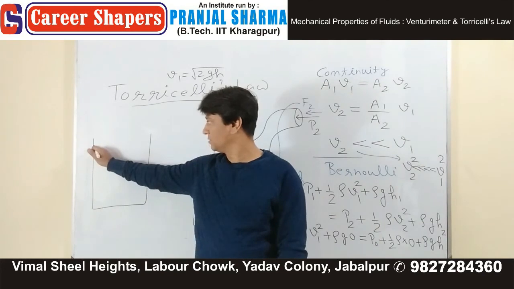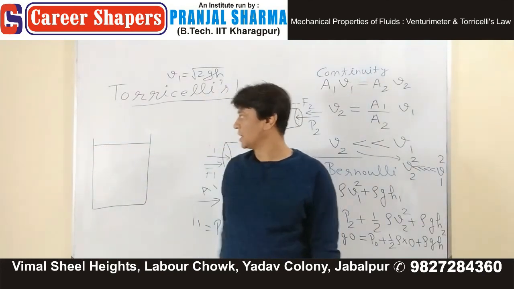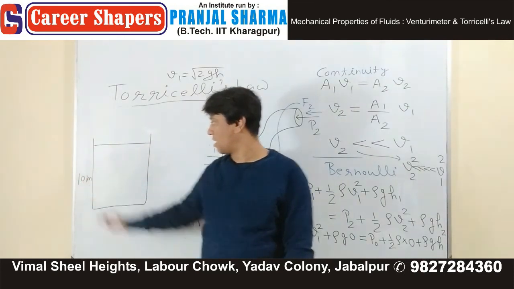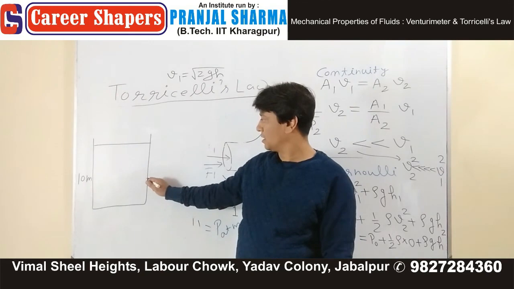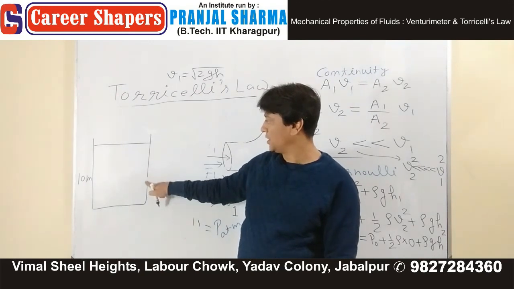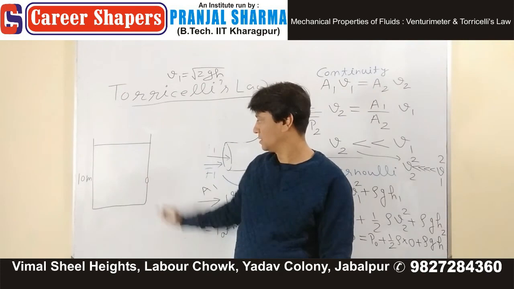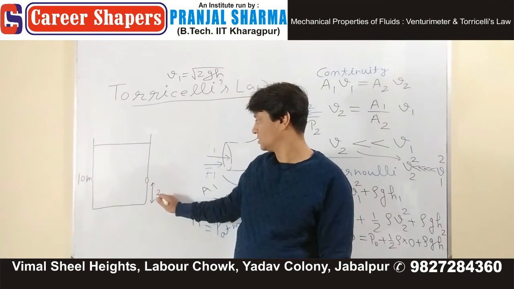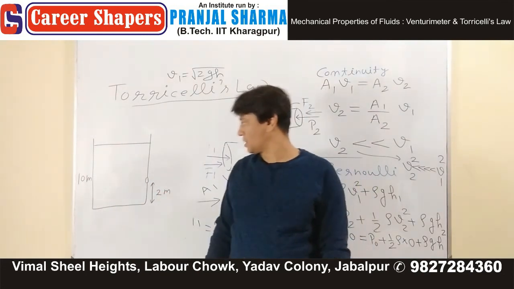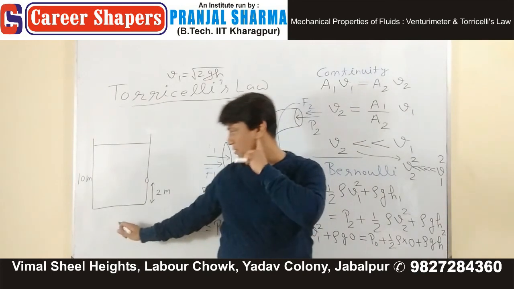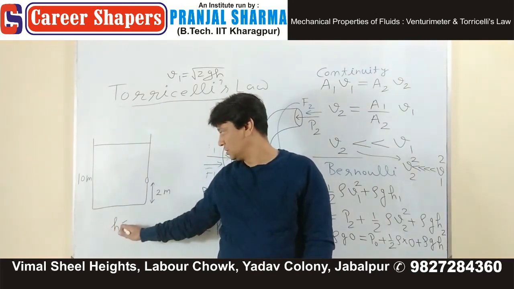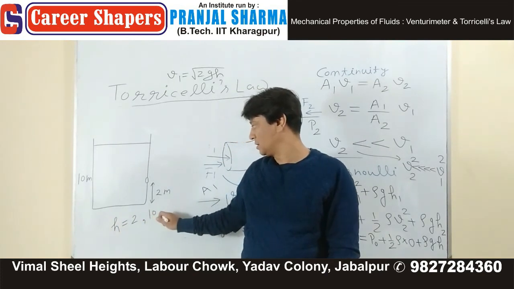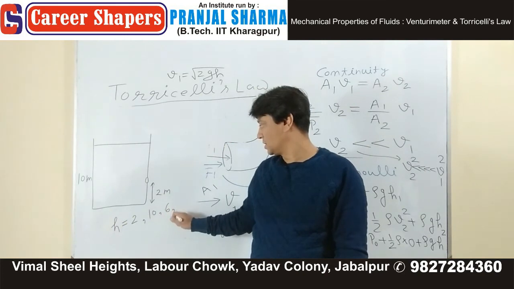We have a tank and the height of the tank is 10 meters. A tiny hole is made at a height of 2 meters. First of all, tell me, what is H? 2, 10, 6, 8.